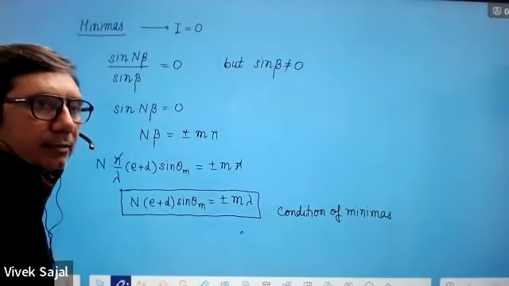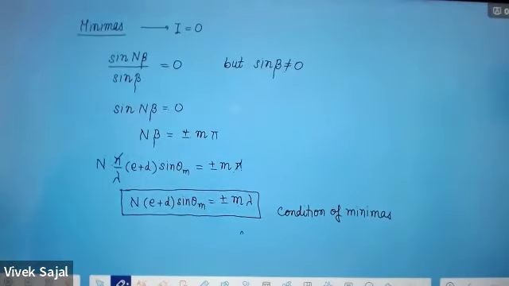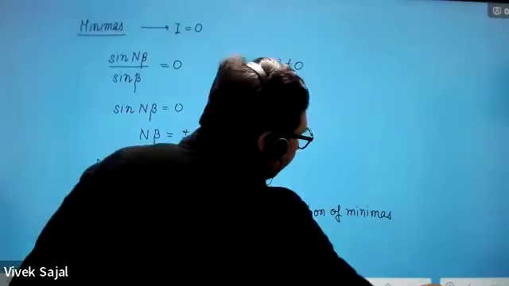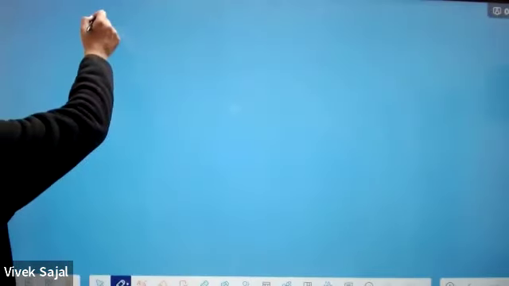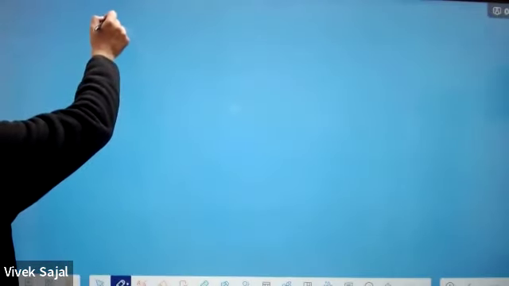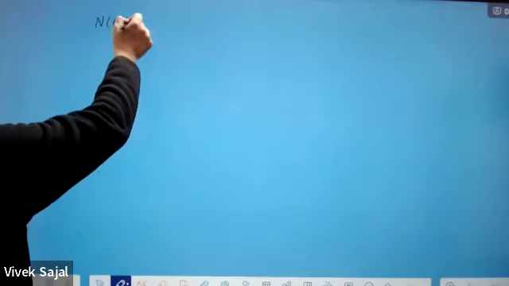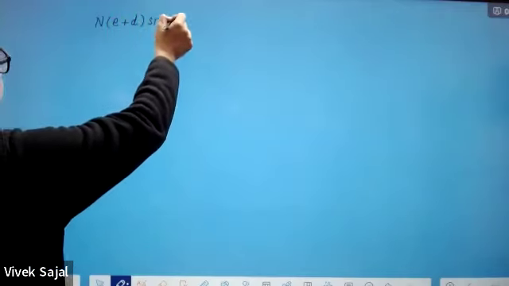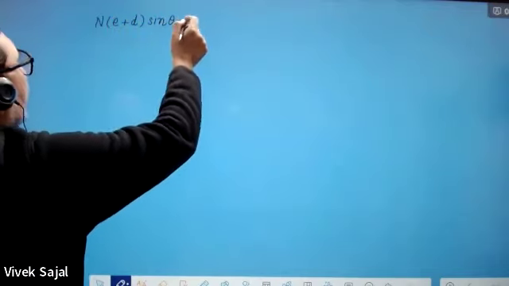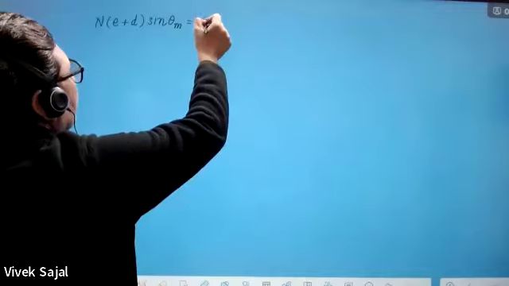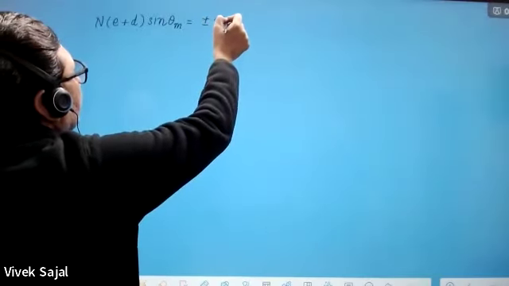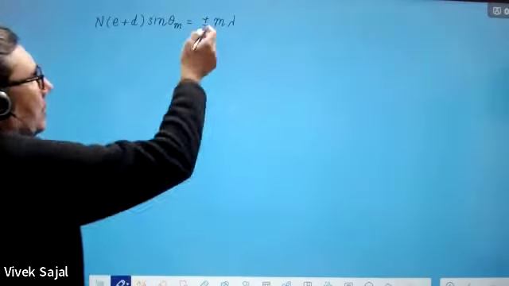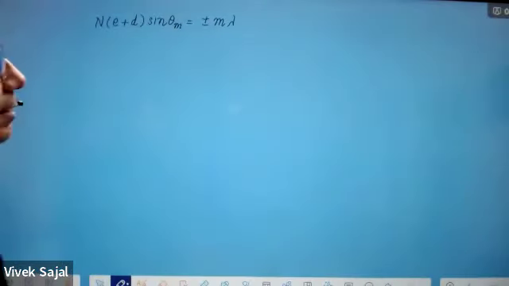Can I go to the next? Yes, sir. This will be n (e plus d) sine theta m equal to plus minus m lambda. Can you tell me what will be the values of m?